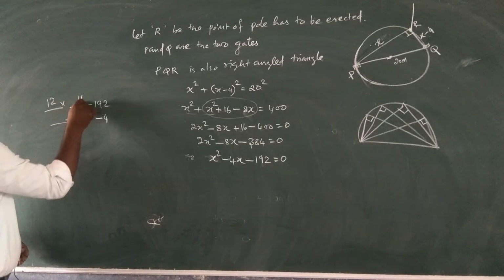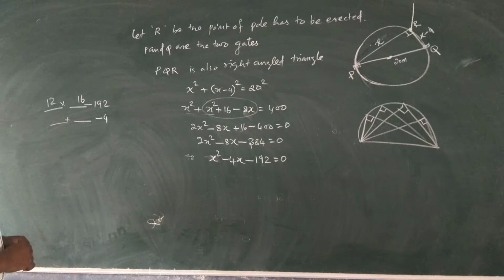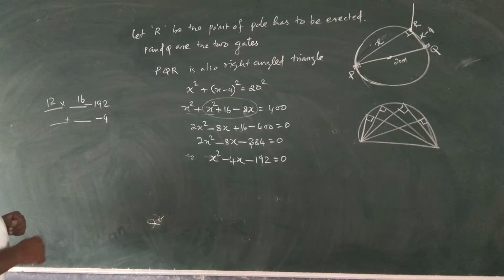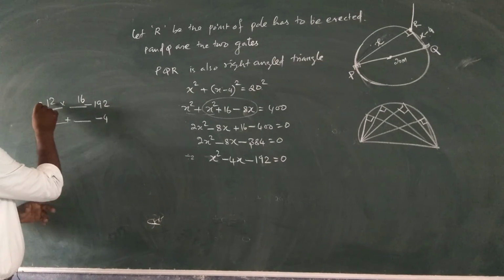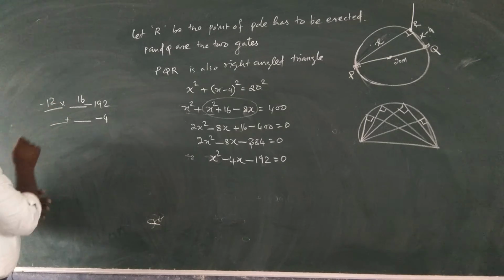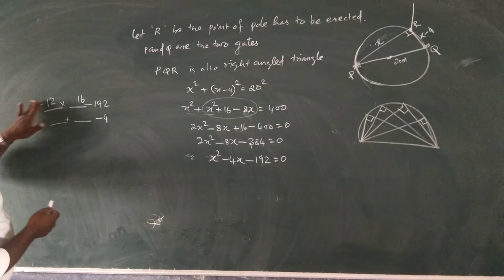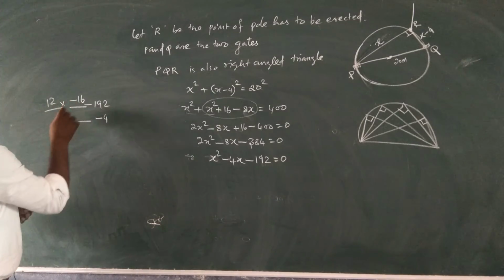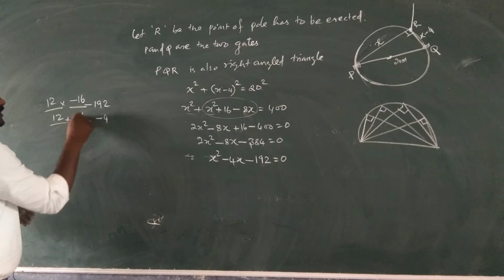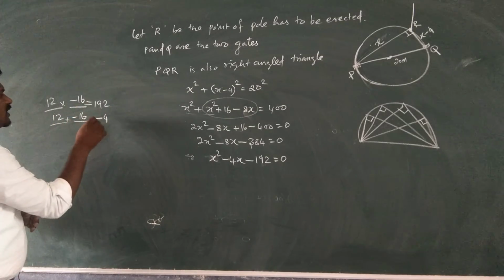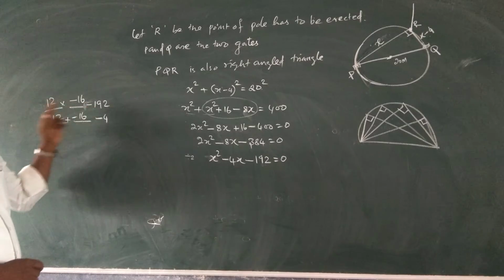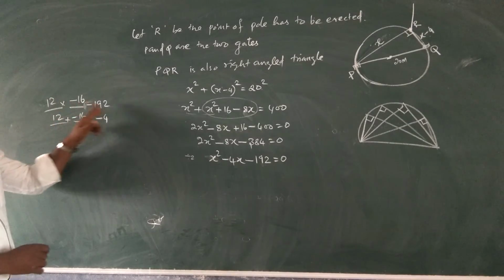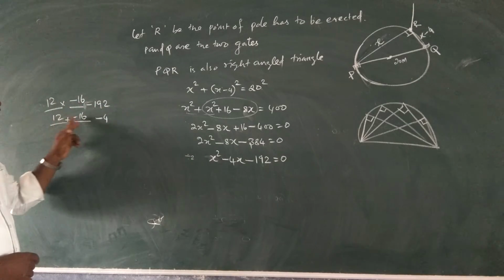12 and 16. You give minus to 16: 12 and minus 16. Now you can see plus into minus is minus, 12 sixteens are 192.